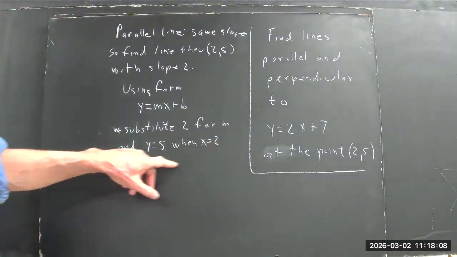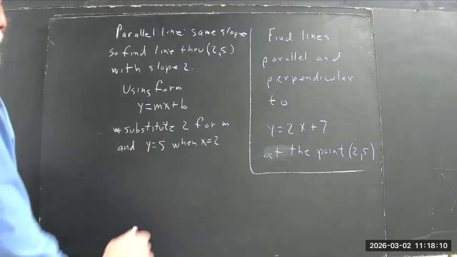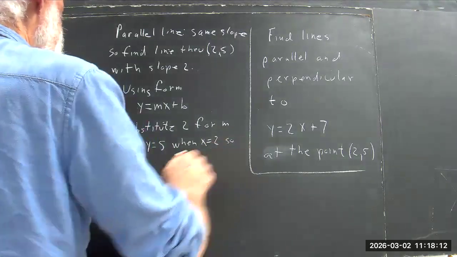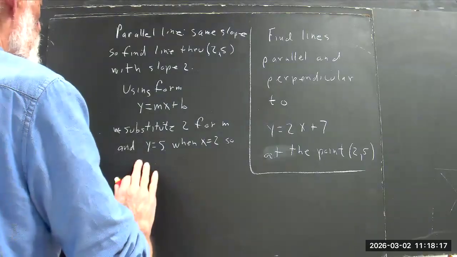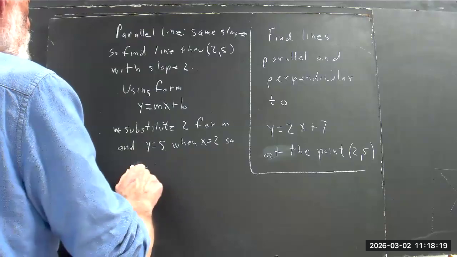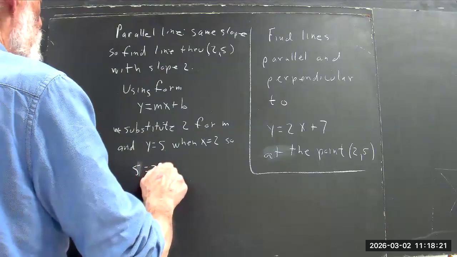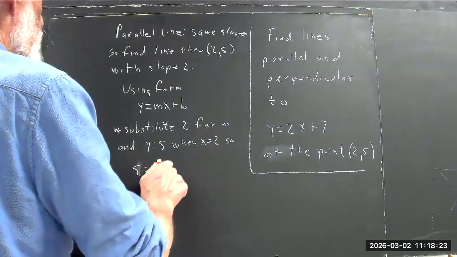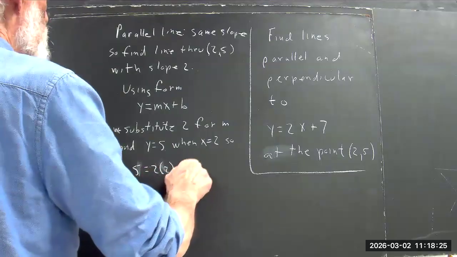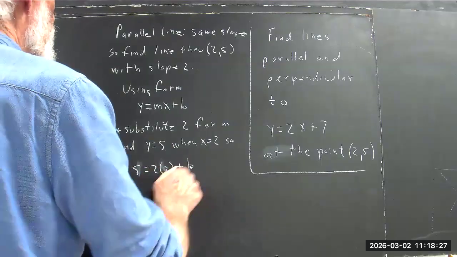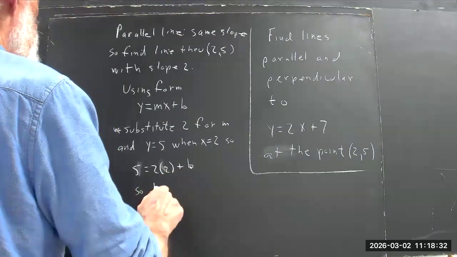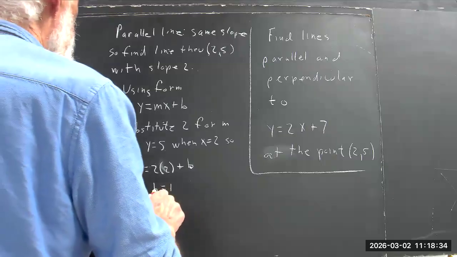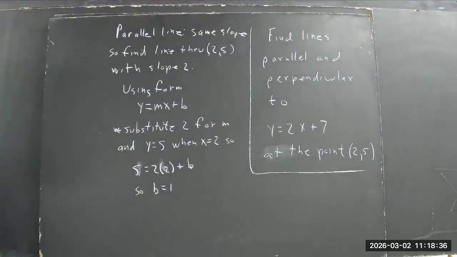And we know that y equals 5 when x equals 2. So 5 equals 2 times x, but x is 2, plus b. So b has to equal 1.